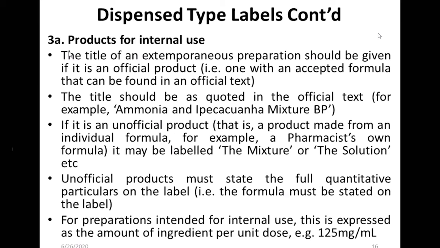The child is not going to read to say I take. Adult, take. For a child, give. And it should also state, is it a syrup or a suspension? So you can label that.